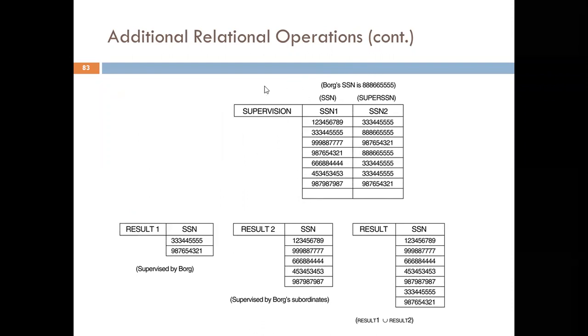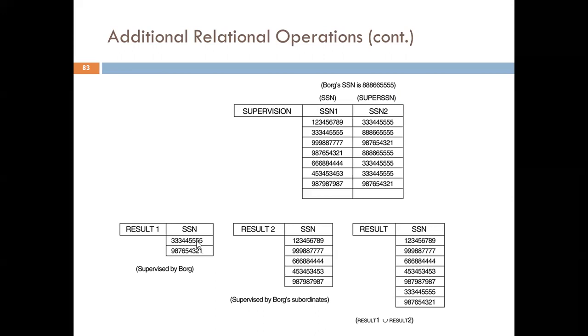Here you can see a supervision table with SSN and super SSN, and we are extracting one particular SSN having this particular value. These are the set of people who are supervised by Borg.